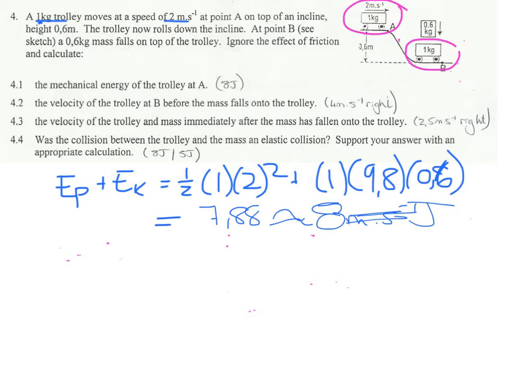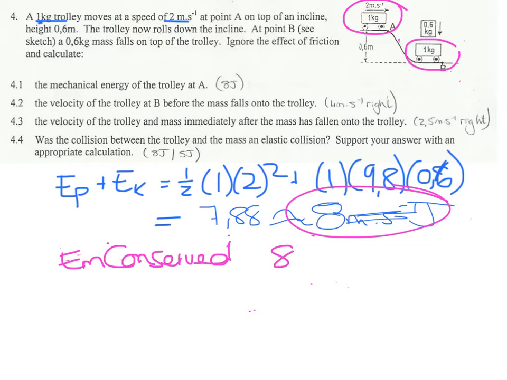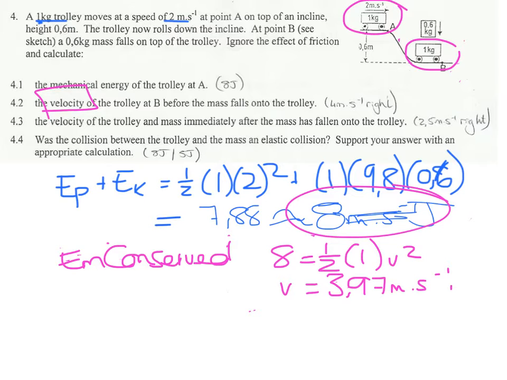And therefore we can say that mechanical energy is conserved. And I can say that this 8 joules is equal to a half mv squared. The mass is 1 and the v I do not know. When I rearrange that and square root it, I land up with 3,97 meters per second, which is pretty close to 4 meters per second. And because it is a velocity, I need to put a direction in, so it is to the right.